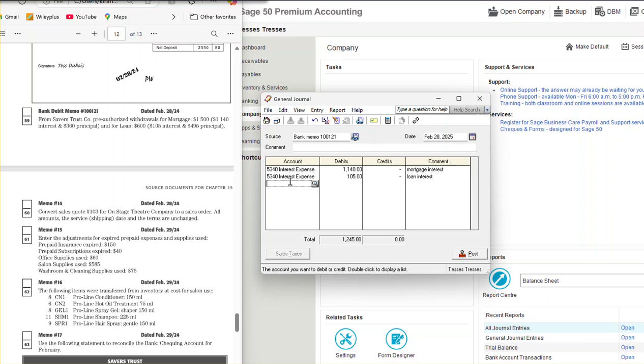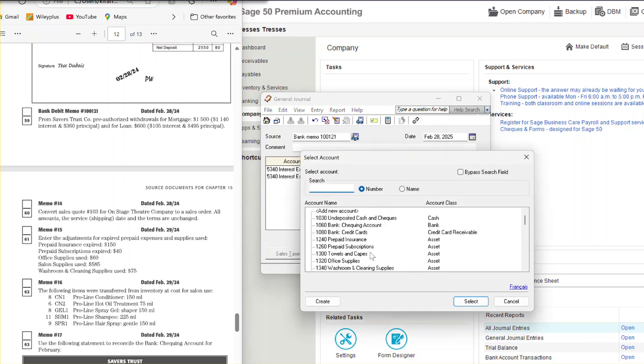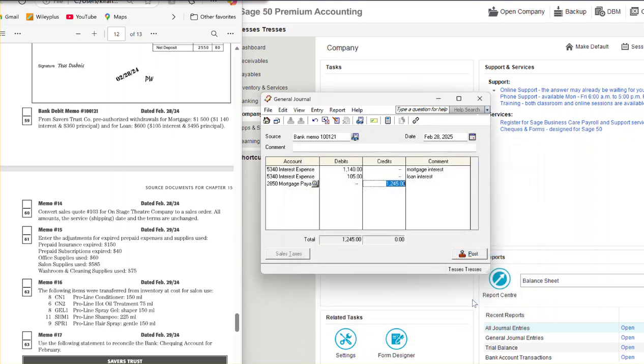And then we have a principal mortgage payable. They told us what mortgage payable is, 360. You delete the credit and then do the next one.